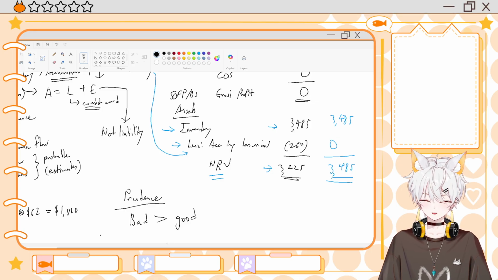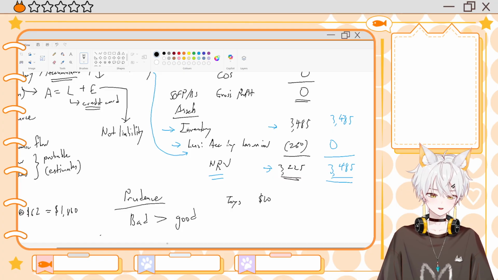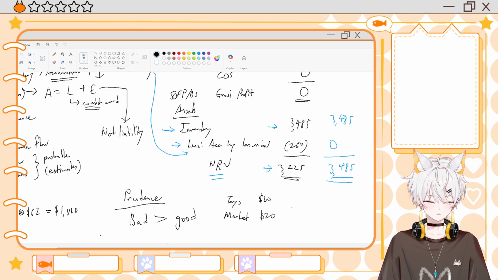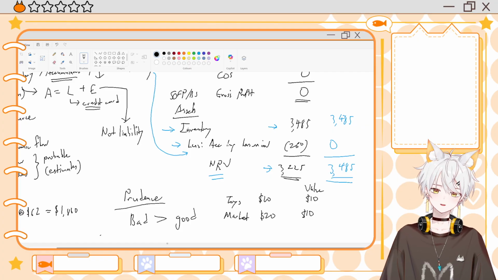I don't get it. Okay, so for example, you have your box of toys. They are worth $10. When the market value is $20, your toy is originally $10. If your market value is $20, you still value it at $10.